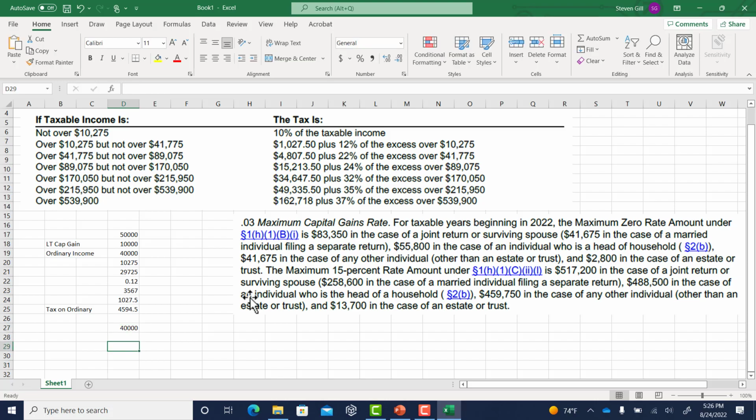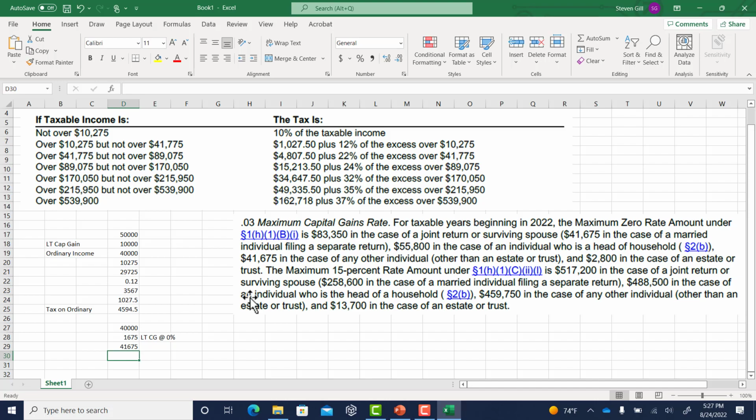Okay, so we're trying to get to this magic number of 41,675, and you can see that the difference between those is 1675. So that first 1675 of long-term cap gains is actually going to be taxed at 0% because that's under the threshold.